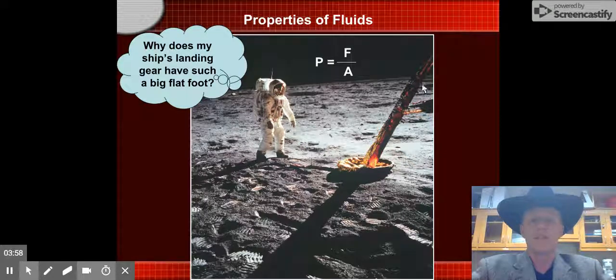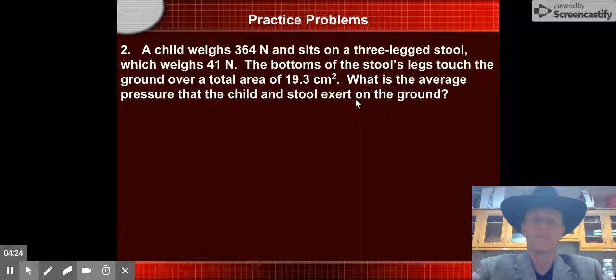And if this spaceship has a standard weight that can't be manipulated, lands on the moon, it could puncture it if the area is too small. So by increasing this area, we actually will spread out the pressure from the spaceship. You'll notice if you look at the desks and chairs and tables, they do the same thing.